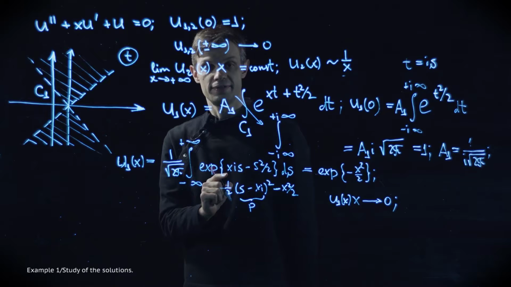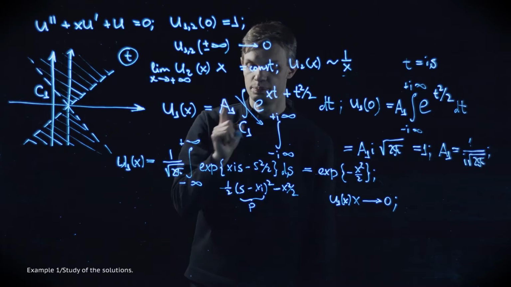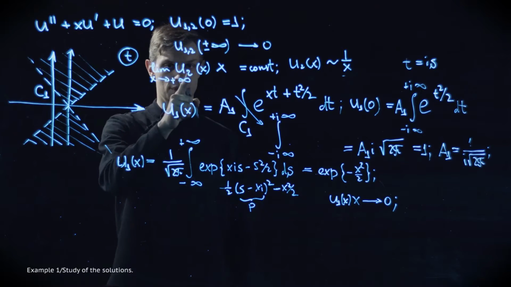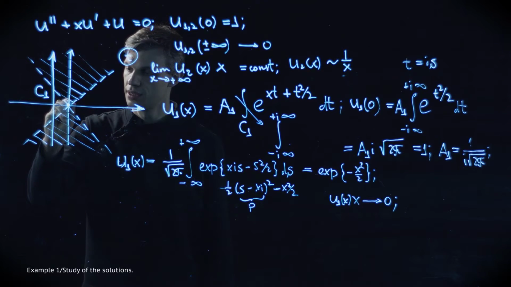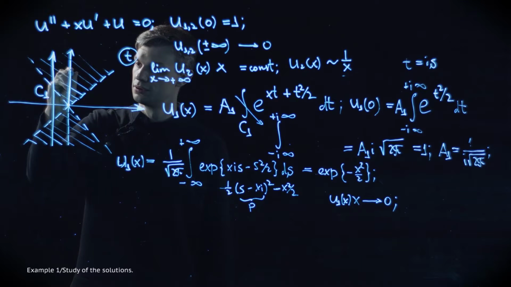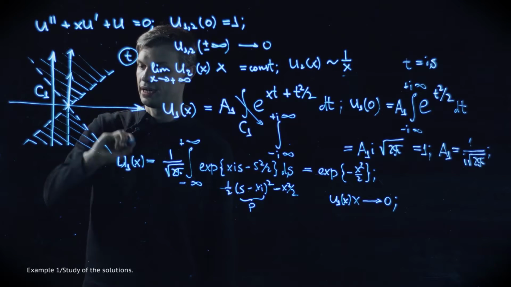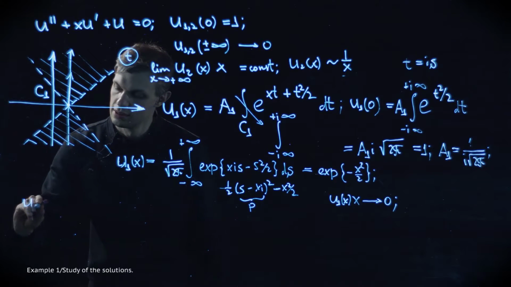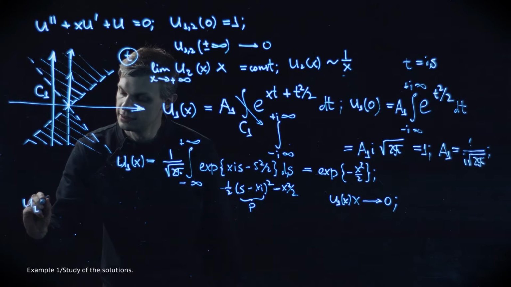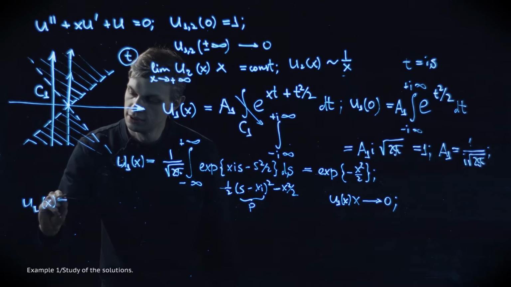All right, let's figure out if we have some more luck with another solution, u2, which is defined, as you remember, by a simple half of this contour. So the contour goes from 0 to plus i infinity. All right, so this is the second solution.